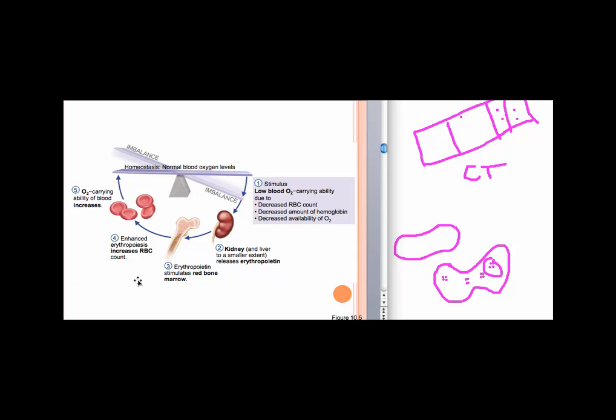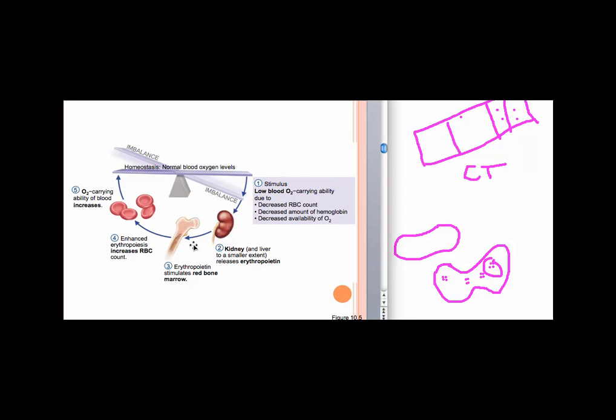One way we can stimulate our body to produce red blood cells is in the event that you don't have a lot of oxygen. In our body we always want to maintain homeostasis, with normal blood oxygen levels. If we have little oxygen, we stimulate our kidneys to secrete a hormone called erythropoietin, a hormone you do need to know. Erythropoietin targets our red bone marrow.